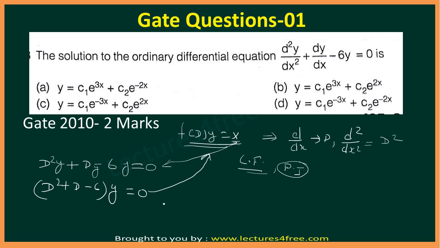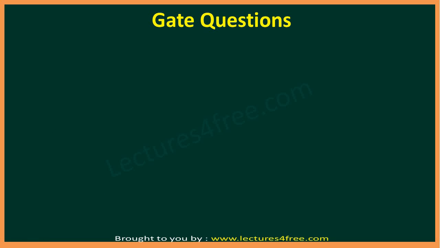Now the first step is to get the auxiliary equation. So the auxiliary equation is f(D) is equal to 0. The function of D here is D square plus D minus 6, so let's put it equal to 0.